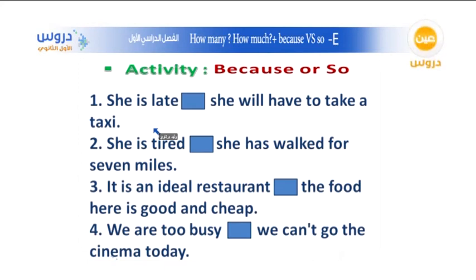Mr. Ramadan is saying so, and Mr. Saleh Abdurrahman also so. She is late, so she will have to take the taxi. Alright? Let's leave the answers for later, but let's go further now.